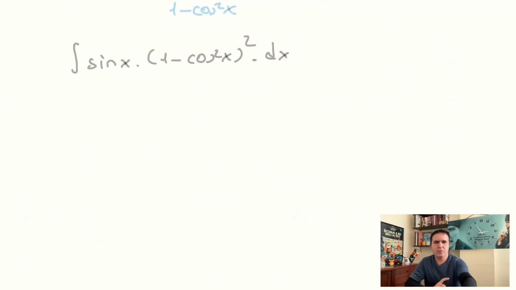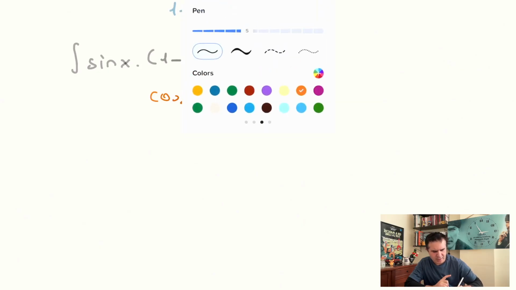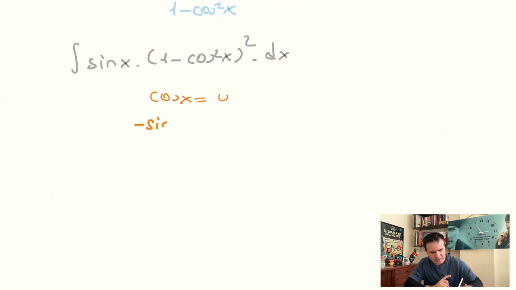Now we will use substitution, and we will say that cosine x is equal to u, and then differentiate both sides. Minus sine x times dx will be equal to du.